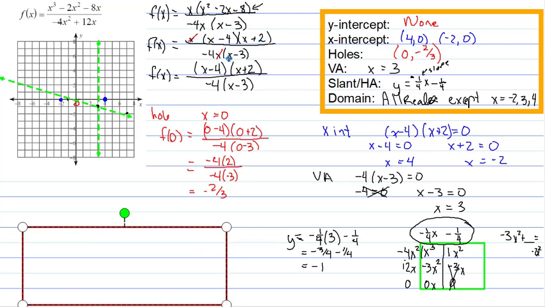1, 2, 3, 4. Okay, so this one's good. And so again, that's the bottom line. It's going to be the total area. So I need to break out my pieces, and again, I use the reduced. So x minus 4, x plus 2, -4, x minus 3.